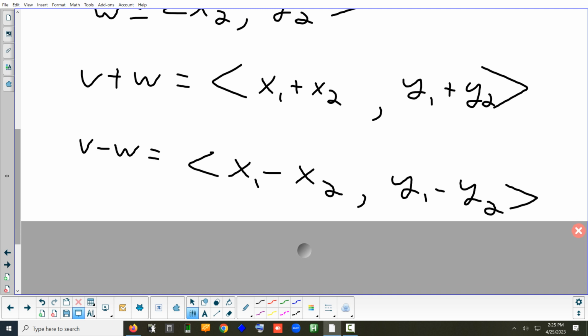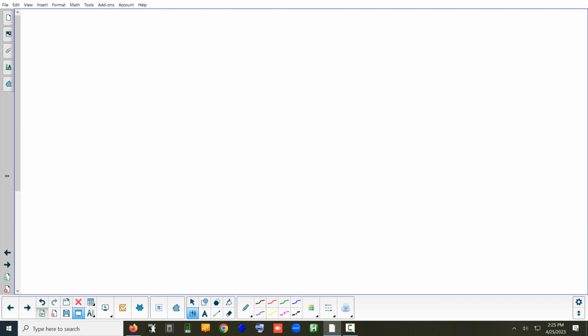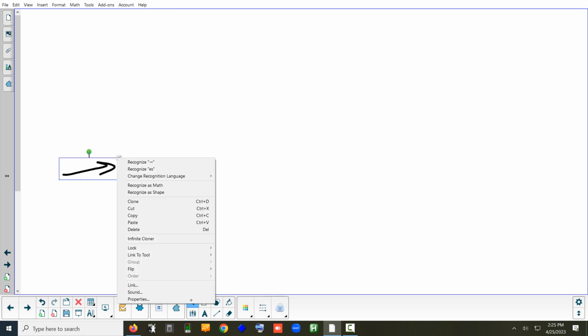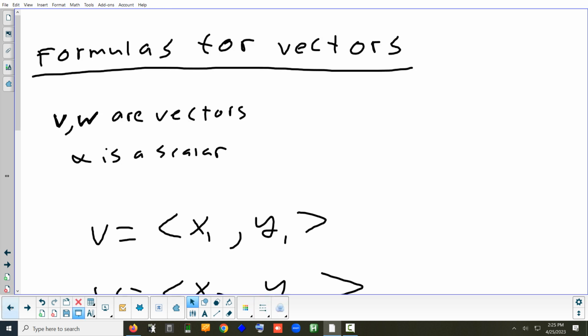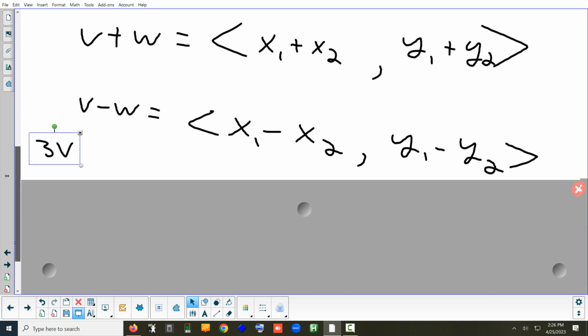Next formula we're going to look at is scaling a vector. Scaling a vector could look like this. This basically means take vector v and triple it. If you wanted to do that drawing it, you'd have to take the vector, and then to triple it, you make 3 copies of it. And that's vector v tripled. You have to put all 3 together. Well, we're not gonna sketch it.